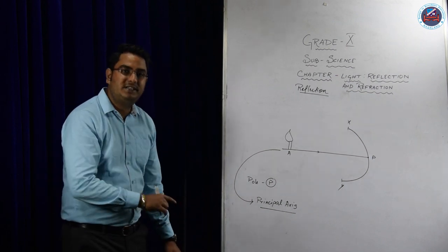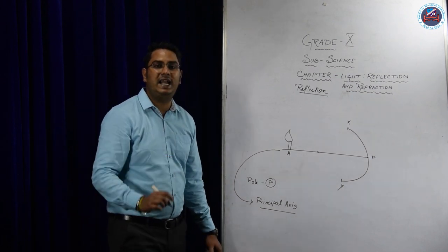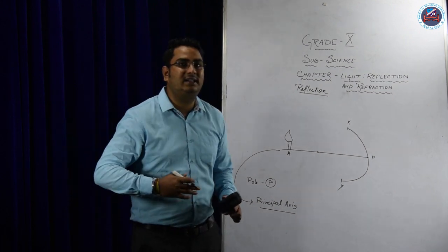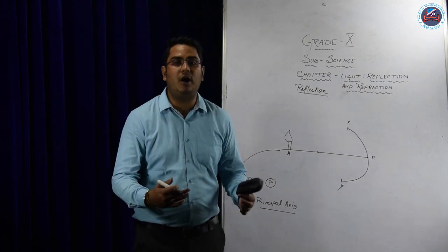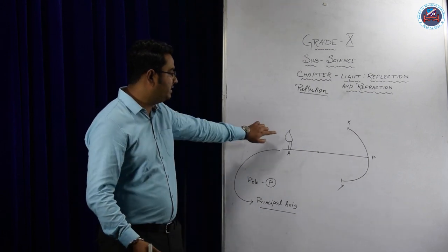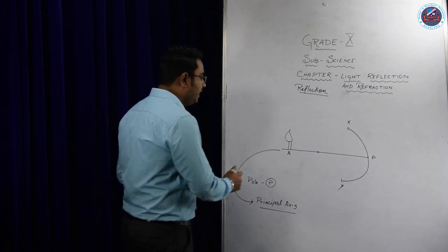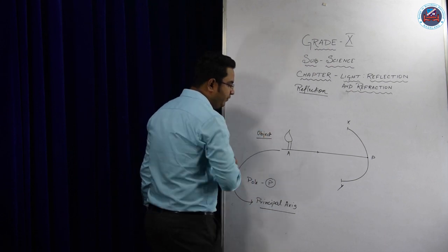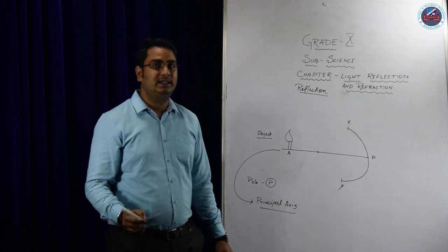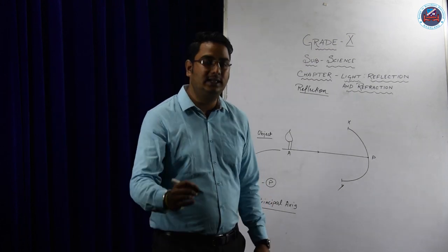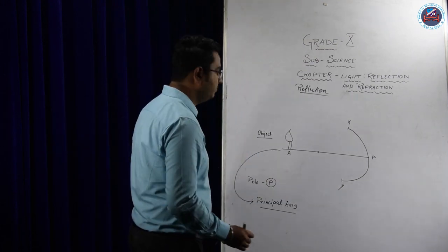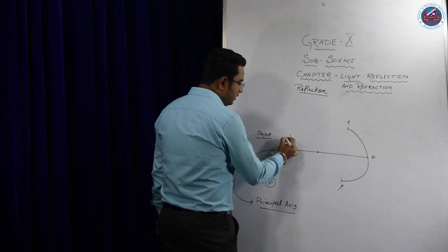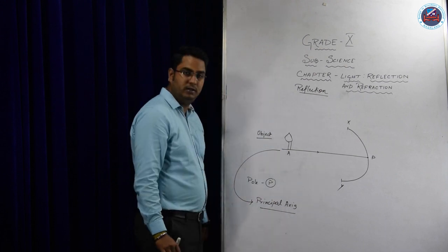Now onto the principal axis, let's say I have placed one candle. Anything which I am going to place in front of the mirror will behave as an object. So here I am placing a candle, so this candle will behave as an object. If you stand in front of the mirror, then you will also behave as an object. Now this object is placed onto the principal axis somewhere at point A.